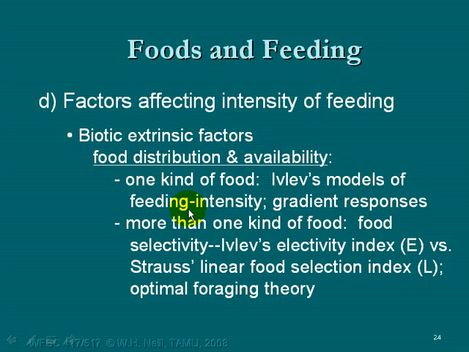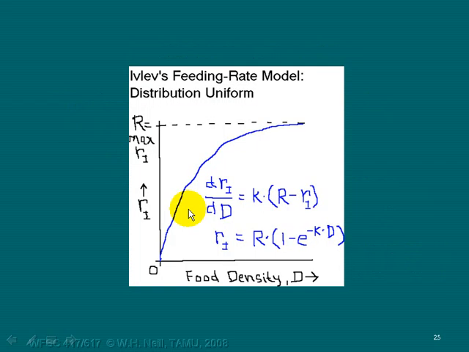If you got more than one kind of food, that leads us into a consideration of feeding electivity or selectivity, electivity indices. And I think what I had here in mind was just to start.